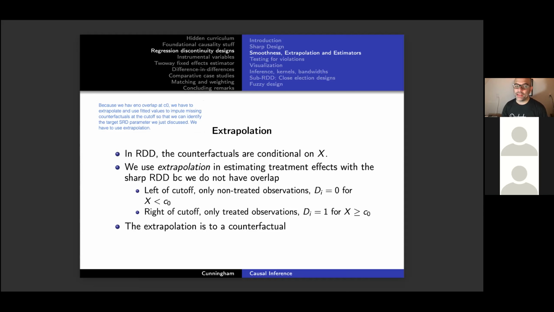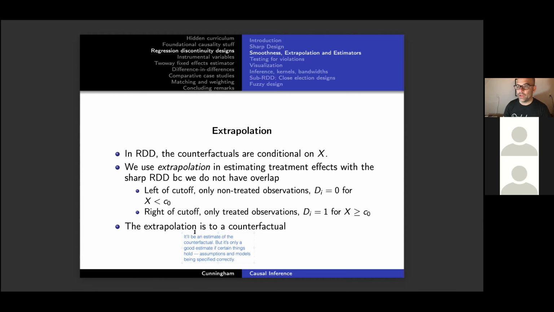This extrapolation will be an estimate of the counterfactual. But it's only a good estimate if certain things hold: assumptions and models being specified correctly. We need both of them.